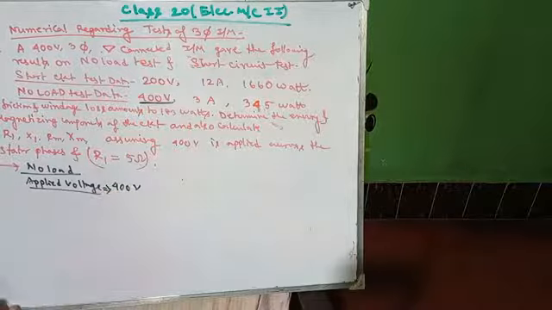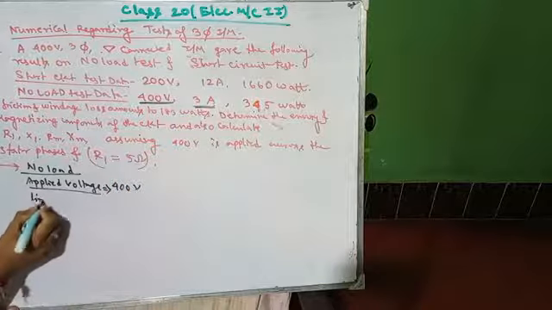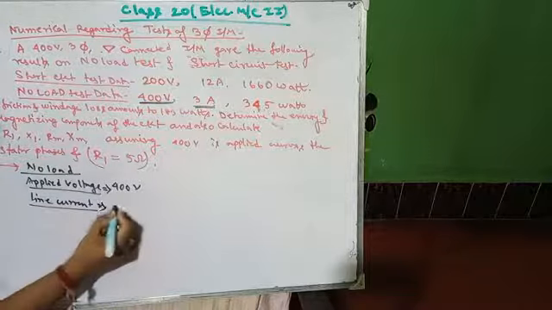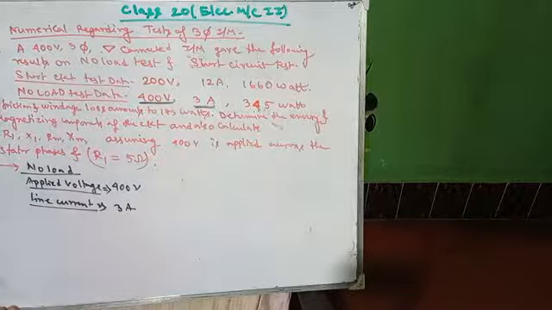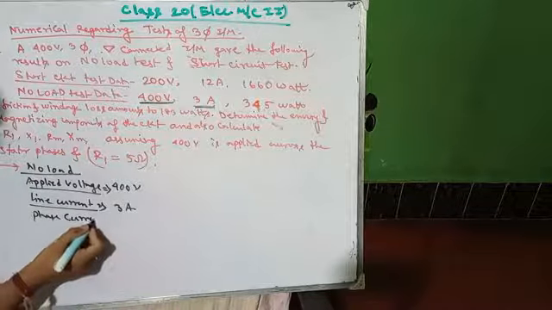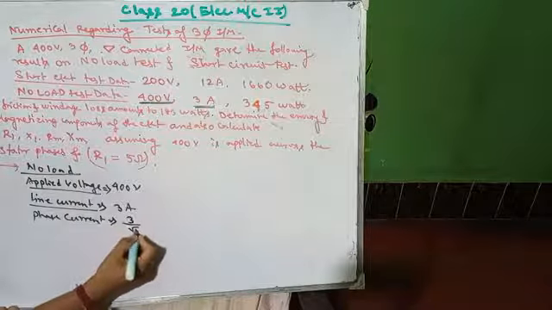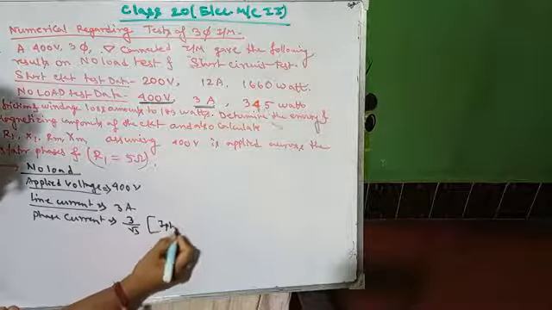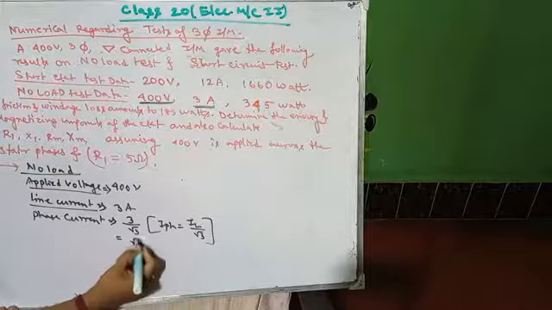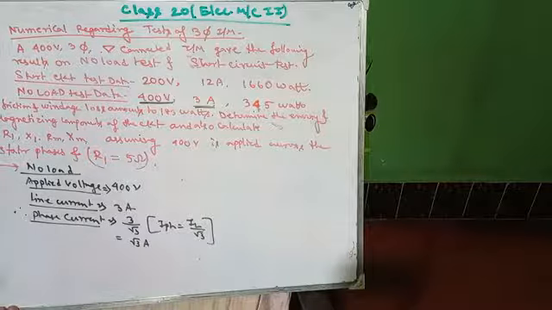The line current is 3 ampere. So phase current equals what? As it is delta connected, the phase current IPH equals line current IL by root 3, so phase current is root 3 ampere.